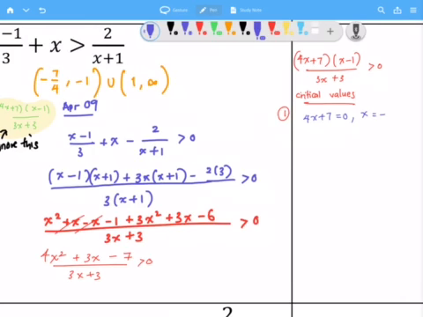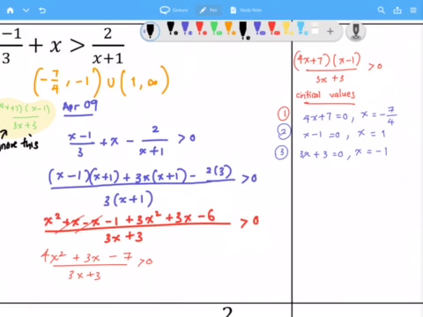Our second equation will be x minus 1 equal to 0, so x is 1. And lastly, 3x plus 3 equal to 0, so x equal to negative 1.